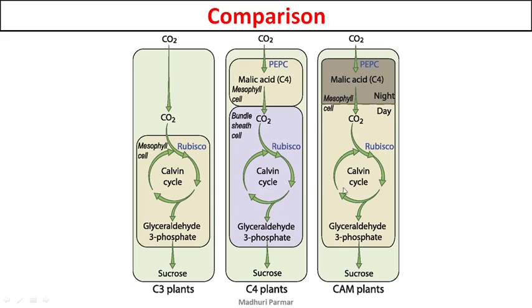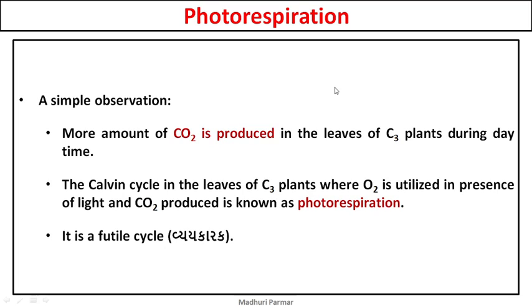So this is the comparison: C3 plants, C4 plants where there is spatial isolation, and CAM plants where there is temporal isolation, time, night and day. The cell is the same. This is one and only mesophyll cell. After that, let us move on to the next topic, which is photorespiration.